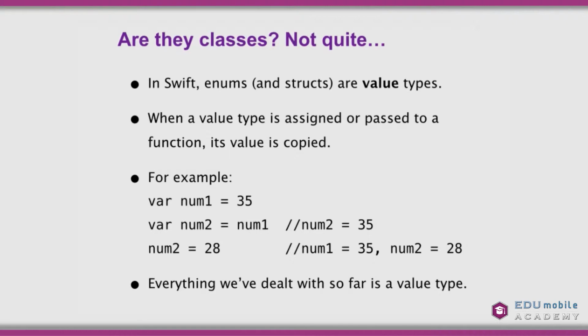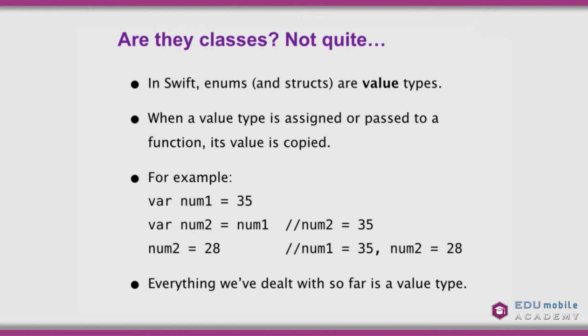Let's say we set up two variables. The first variable we're setting up to be an integer 35. Its type is inferred to be Int. The second variable we're setting up equal to num1. Because num1 is an Int, num2 is inferred to be an Int. So num2 now actually holds the value of 35. With a value type, which is what ints are, if we modify num2, let's say num2 equals 28, num1 is still 35.